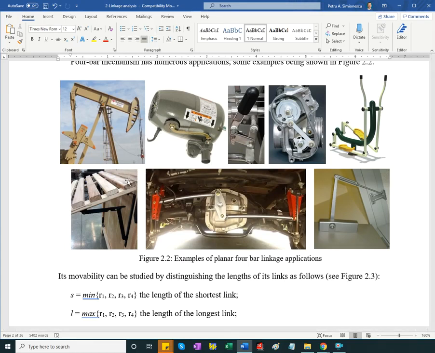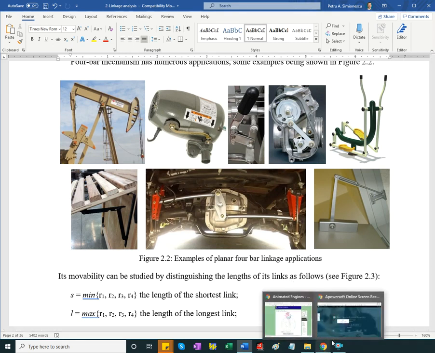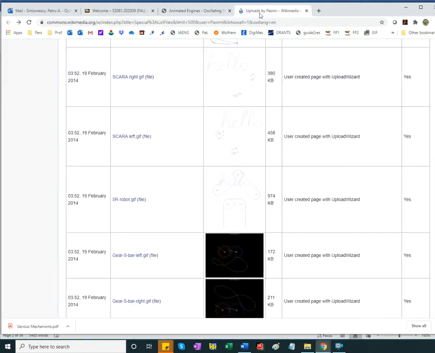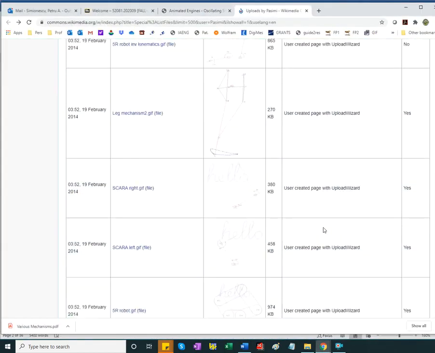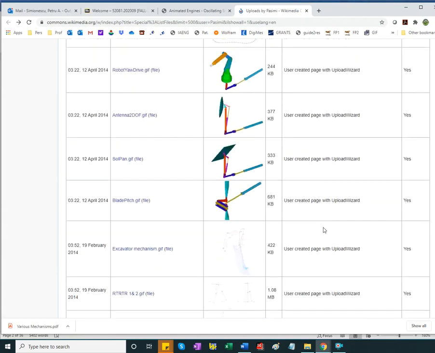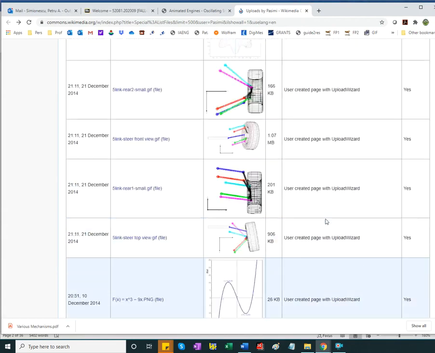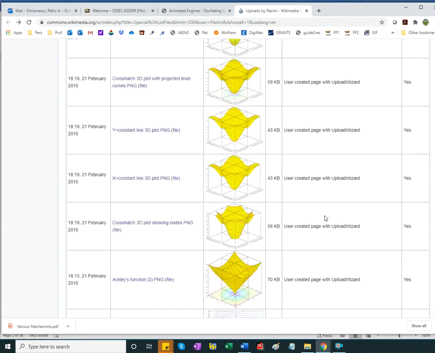More obvious in case of machine tools like shaper mechanisms. I think I do have a shaper here. Let's see.